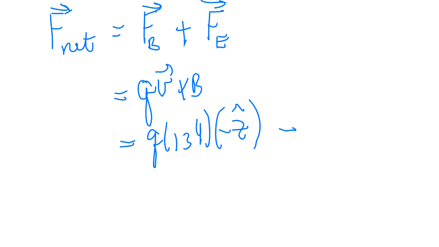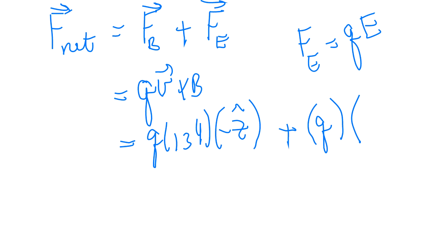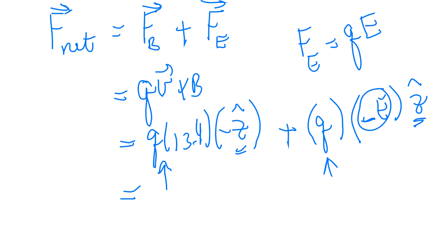And then the electric field force, FE, is equal to Q multiplied by the electric field, which he gave me, and it's also along Z hat. I can simply add these directly, and then put the 50 microcoulomb in for Q.